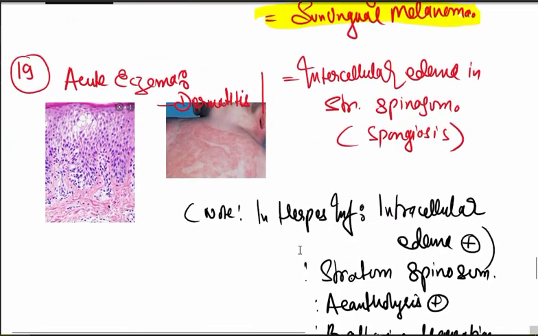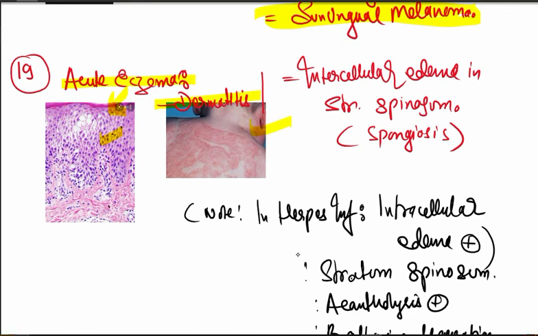Now the next condition: this patient is getting this kind of wheal. So this is acute eczema, dermatitis. And here is the histopathology of acute eczema. We see between the cells there is a lot of spacing.